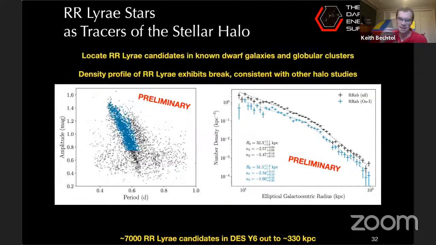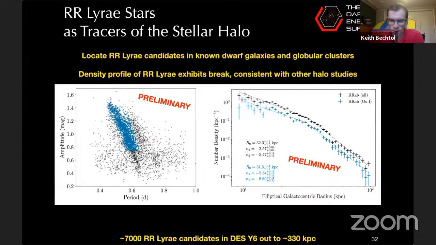With this data set of these 7,000 RR Lyrae candidates, there are potentially many applications. It turns out that most of the known dwarf galaxies and globular clusters have RR Lyrae candidates associated with them. That means that maybe we could look for even more diffuse, lower surface brightness structures by looking for clusters of RR Lyrae candidates in the same region of the sky and at the same distance.